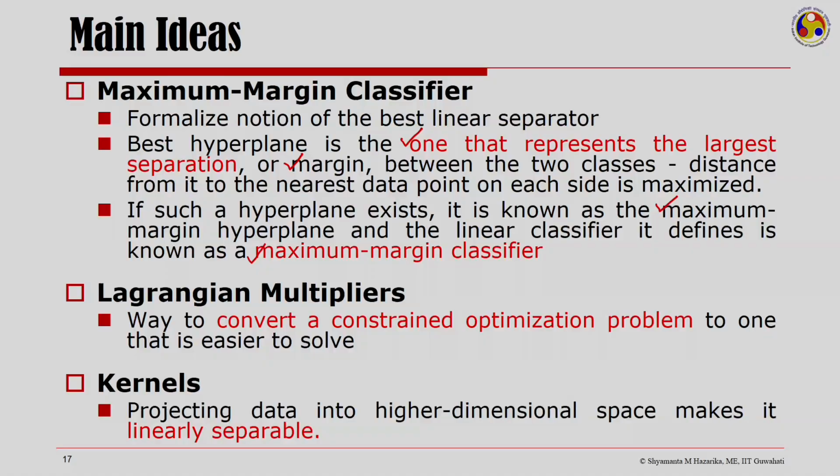Therefore, when I have problems with data which are not linearly separable, application of a support vector machine is made possible only because of the kernel trick, which is about projecting data into higher dimensional space and make it linearly separable.